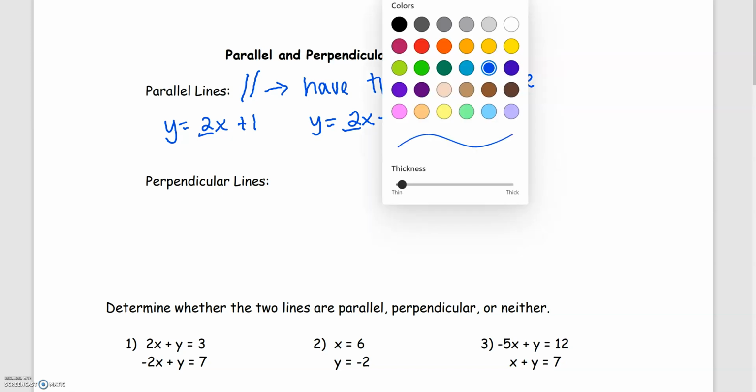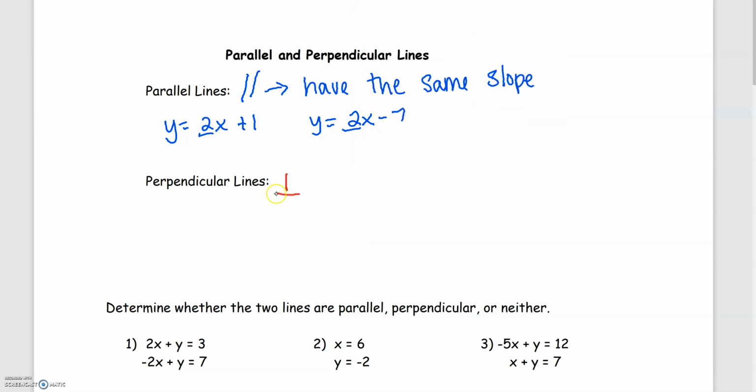All right, for the perpendicular, we use that symbol, that upside down T, as you recall from previous courses, but they have opposite reciprocal slopes. What that means is they are opposite signs, so one's positive, one's negative, and the reciprocal is flipped.